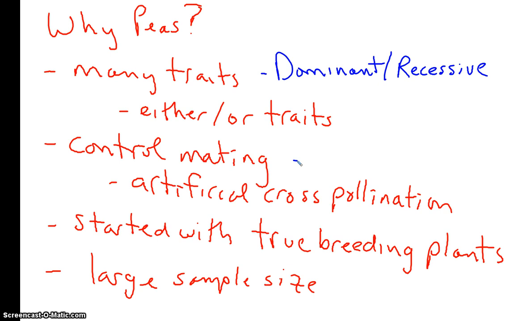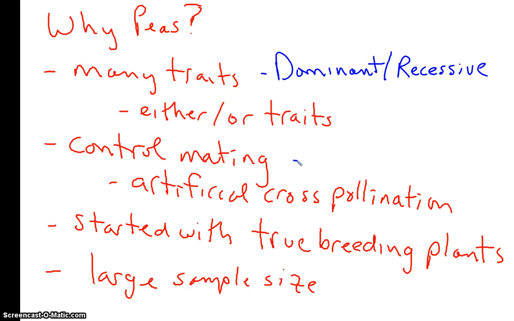The third one is that he could develop true breeding lines. One trait that we'll look at is flower color in pea plants, and purple was dominant over white. And he could create a line of plants that he knew always produced purple offspring. He also created a line of pea plants that always created white offspring for the flower color, so he could create true breeding.